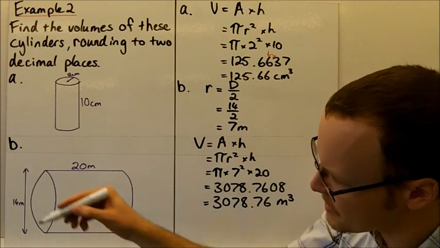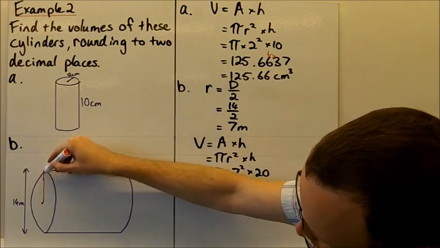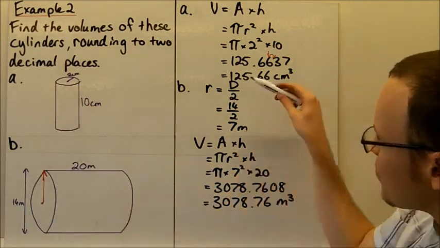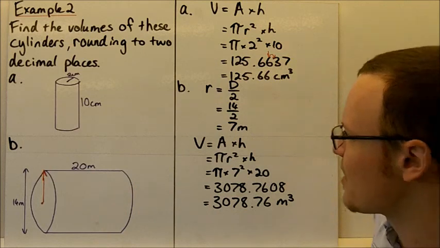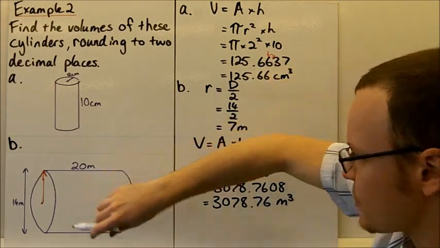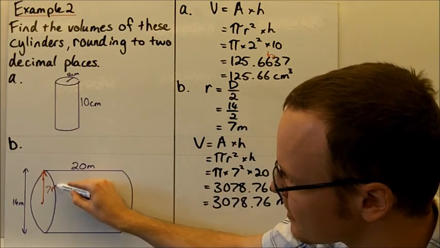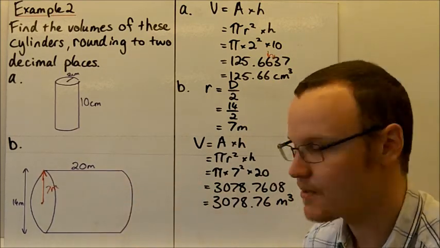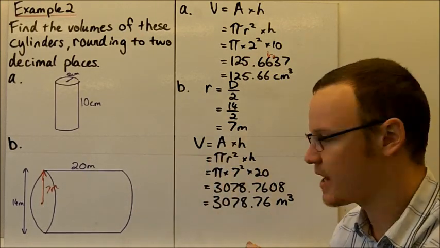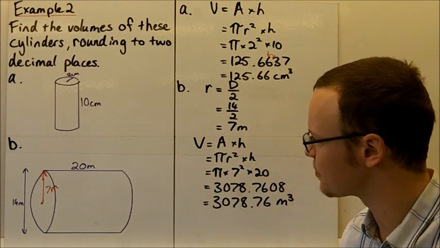For our second cylinder here, we've been given the height of the cylinder as 20 metres, but we don't have the radius, we've got the diameter. So the radius is going to be one half of the diameter. So the radius equals the diameter divided by 2. So it's going to be 14 divided by 2, so it's 7 metres. So the radius of the circle at the end of our cylinder is going to be 7 metres. So once again, volume equals area times height. The area is pi r squared times the height of the prism.